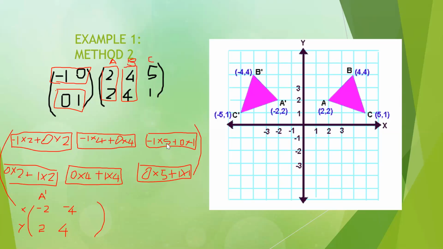Here, that's -1 times 5, that's -5, plus 0, so that's -5. The bottom is 0 times 5, that's 0, plus 1 times 1, that's 1. And look at your 3 points. You see them, people? This is A prime. This is B prime.